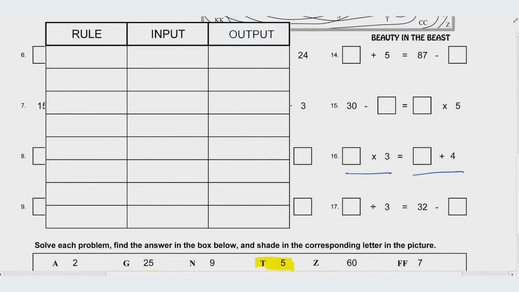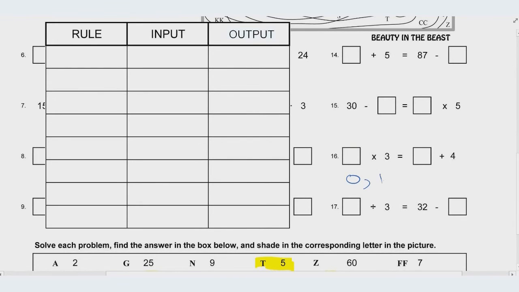It could be even or odd. Oh, but we know it cannot be too big of a number because if we put 10 here, 10 times 3 gives us 30, but 10 plus 4 only gives us 14. So we know it has to be a pretty small number actually. That's probably the only help that I can think of right off the bat.